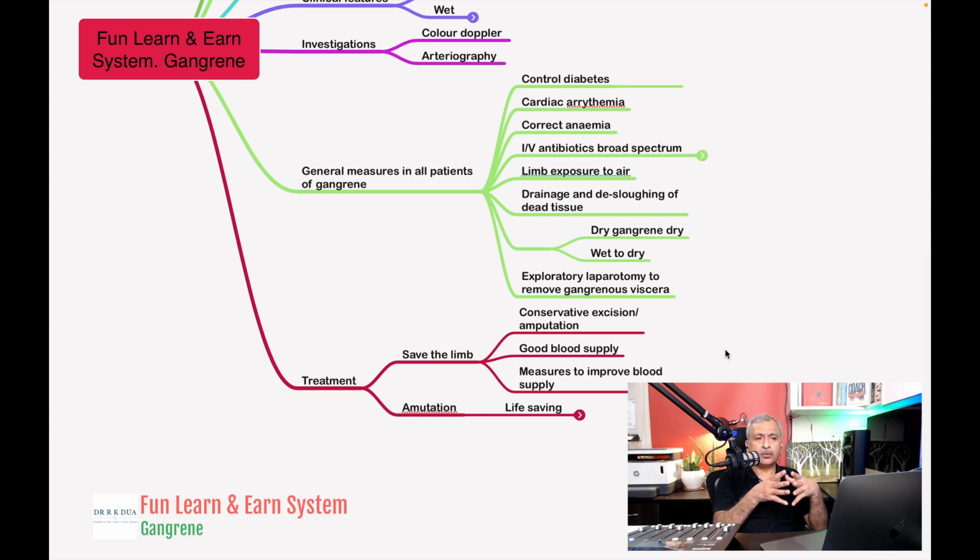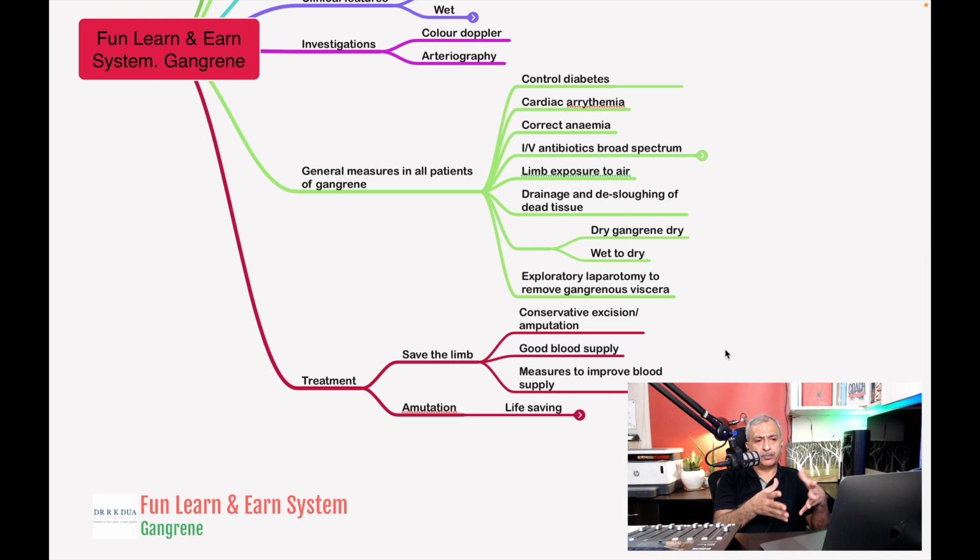We have to do all the measures to increase the blood supply to that organ. That may be bypass surgery, vasodilator drugs that can increase the flow, or we can also prevent the exposure to cold that is causing the vasospasm.